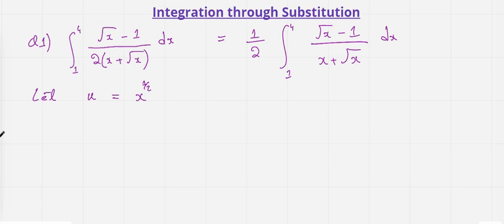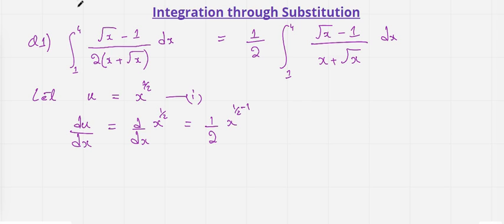I call it equation number 1, and I'm going to differentiate both sides of equation 1 with respect to the original variable, that is x. You are well aware of the derivative of x power n, so we apply that formula. It's going to be half x power half minus 1.